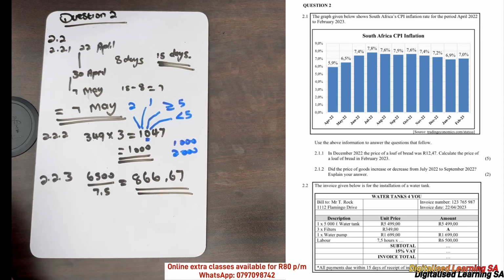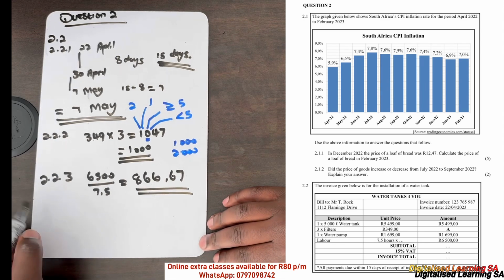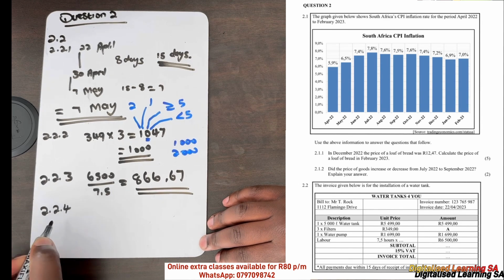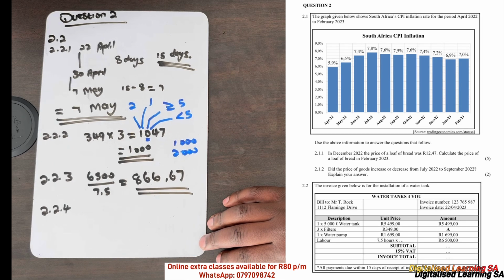Okay, so now let's move to our next question, which is question 2.2.4. It says calculate the total amount due, including VAT, for the invoice above.